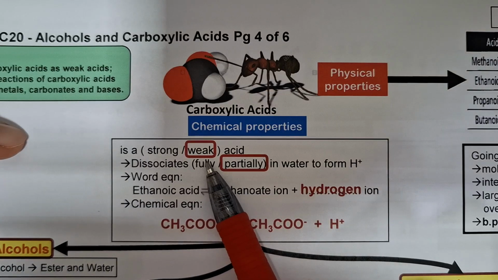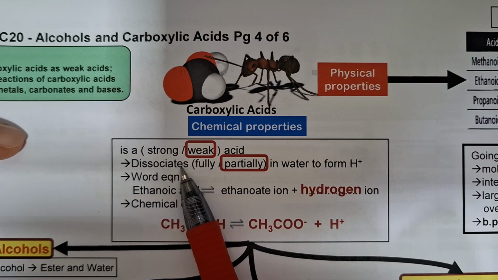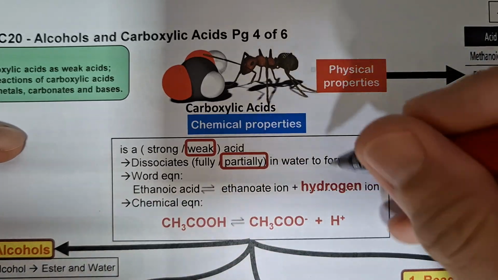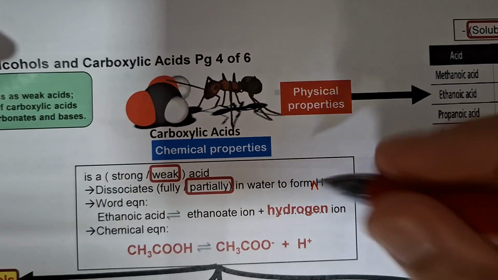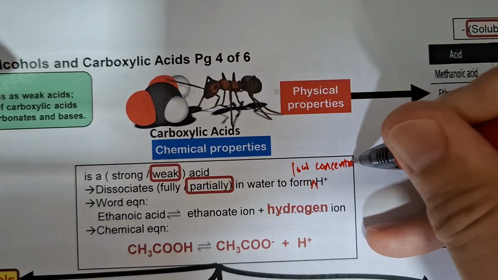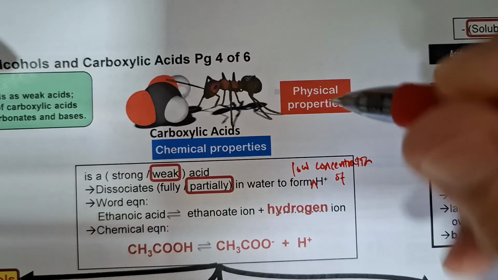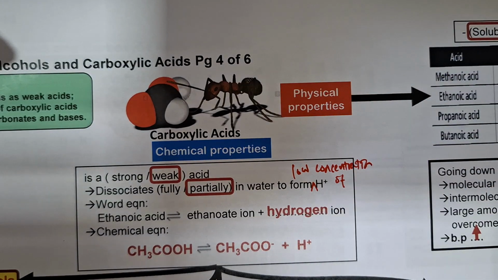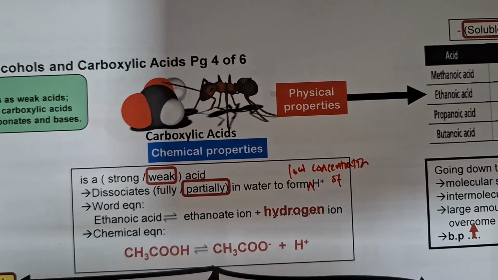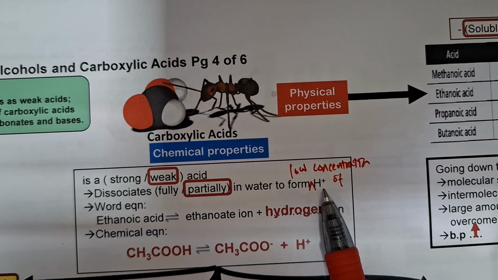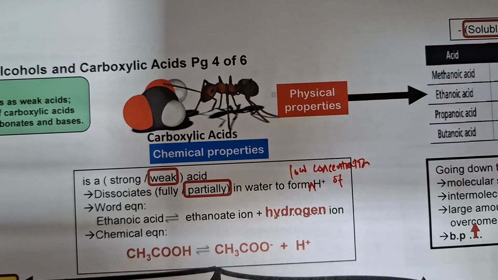And a weak acid, the acid molecule would dissociate or ionize partially in water to form a low concentration of H+ ion. Okay, please add in this one, low concentration of hydrogen ion. So that is why carboxylic acid is a weak acid, because it contains a low concentration of hydrogen ion.